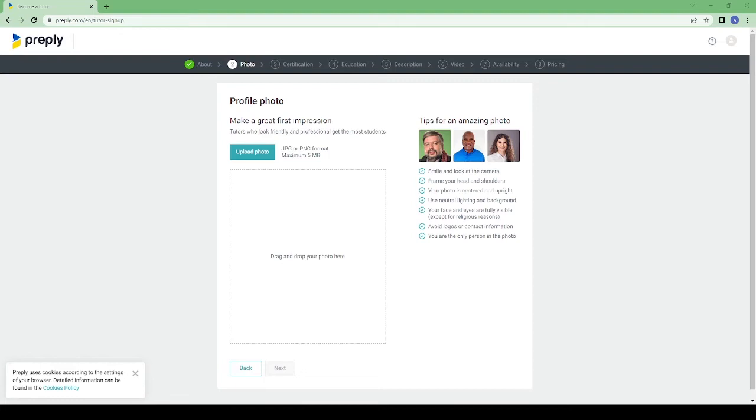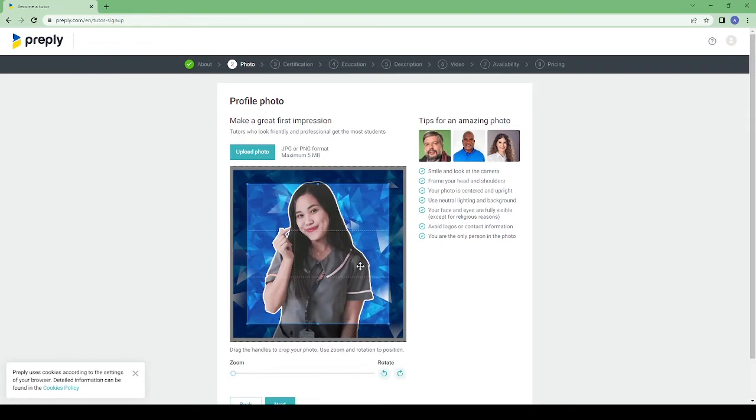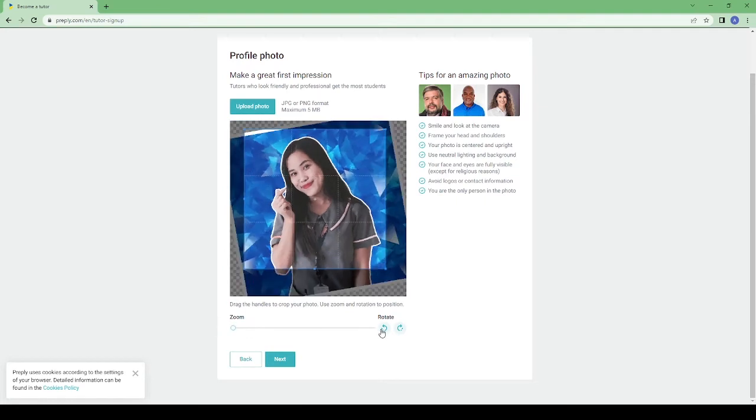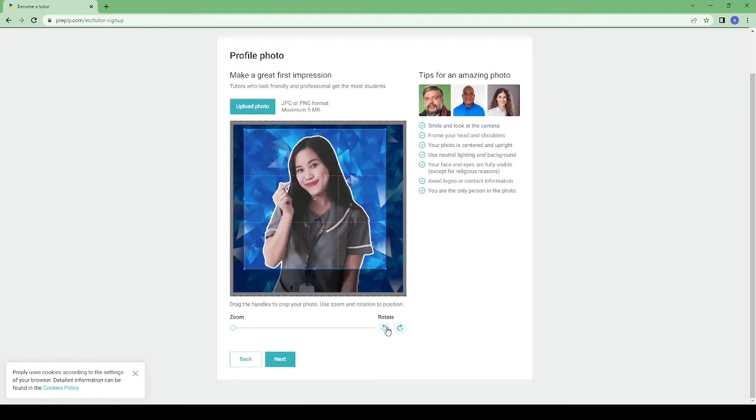For example, this one. I think what they accept is one that's not too edited like this. Even half. And then, I uploaded one that's too big. This is just for example, a sample. And then, you can zoom and then rotate it, like that.